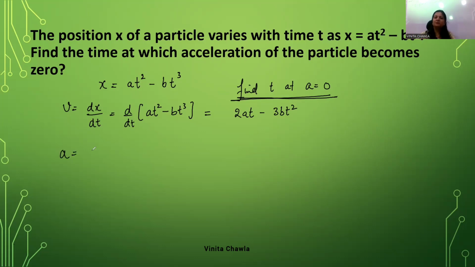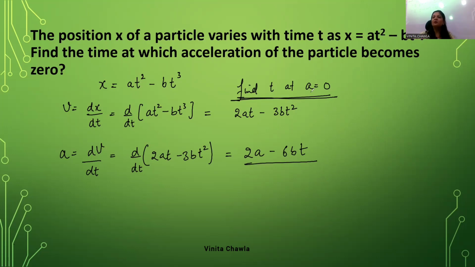Acceleration is, see, a and b are constants. Again you will differentiate it, है ना? 2at minus 3bt square. What will you get? 2a minus 6bt.